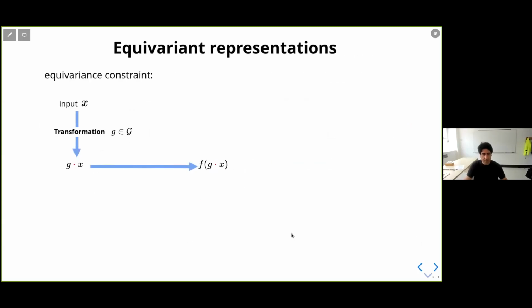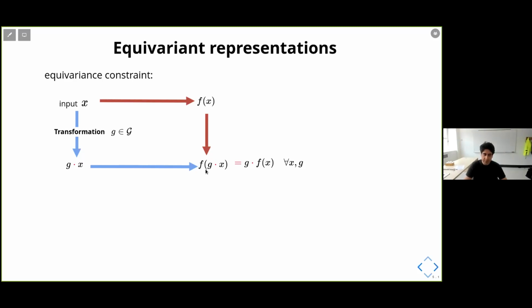Okay, now we're ready to define equivariance. So we have some input X coming from the G set, and we're transforming it using G, and then we are producing the embedding or representation f of G dot X. An alternative route to the same result would be to first create the representation and then transform the representation.